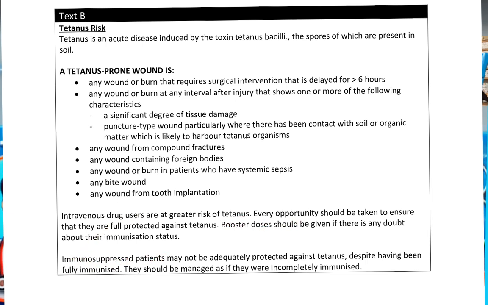Immunosuppressed patients may not be adequately protected against tetanus despite having been fully immunized. So, in short, we can see that the entire text is about risks, people who can really suffer tetanus, or conditions that can make you suffer tetanus.